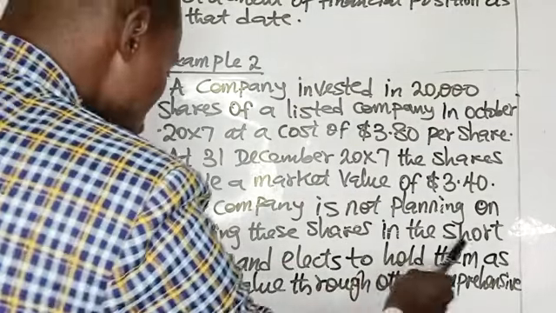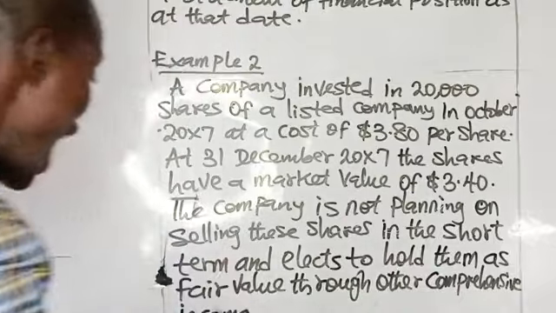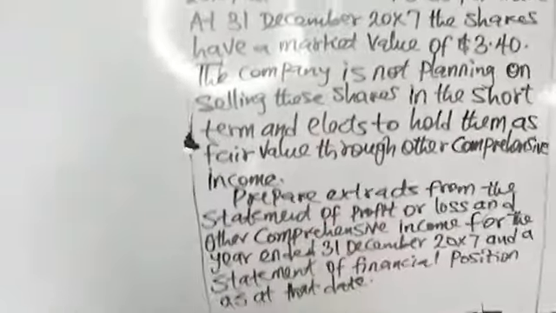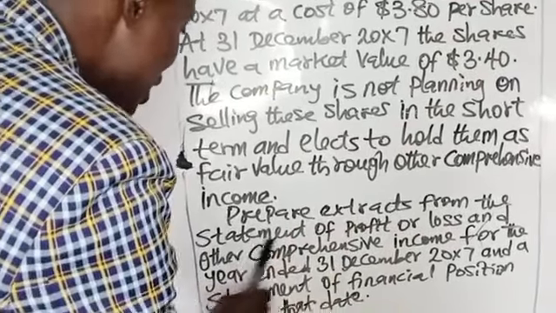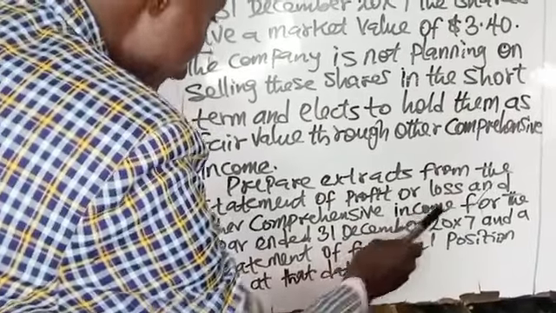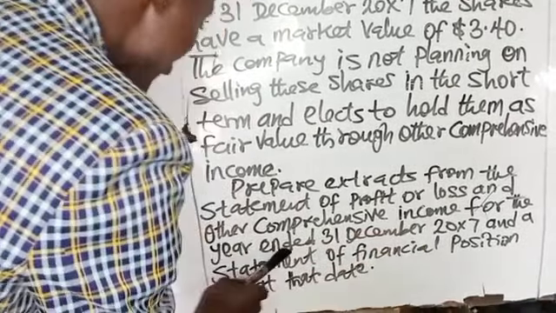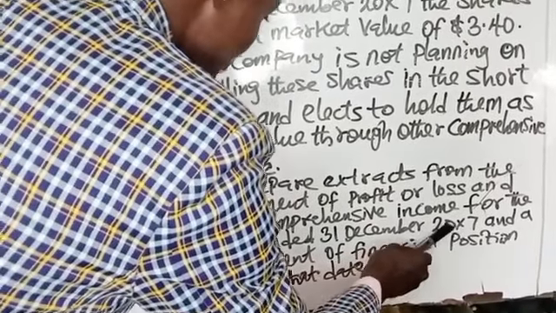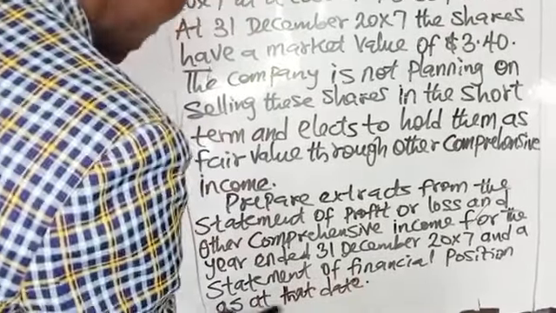Prepare extracts from the statement of profit or loss and other comprehensive income for the year ended 31st December 2007 and a statement of financial position as at that date.